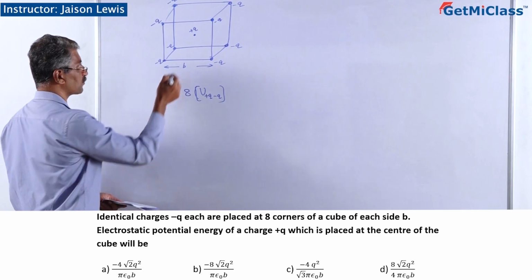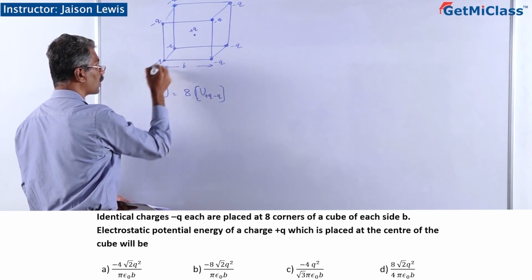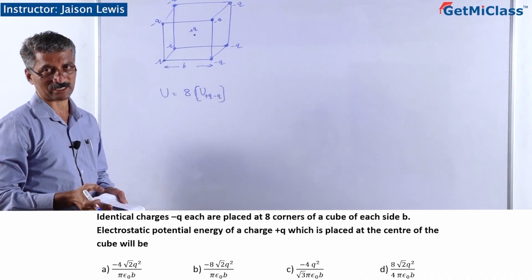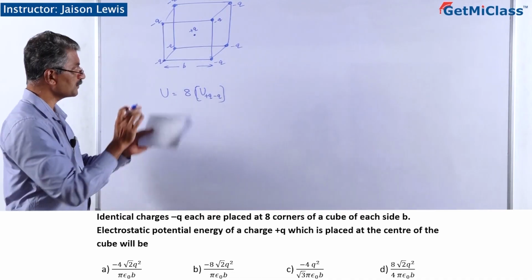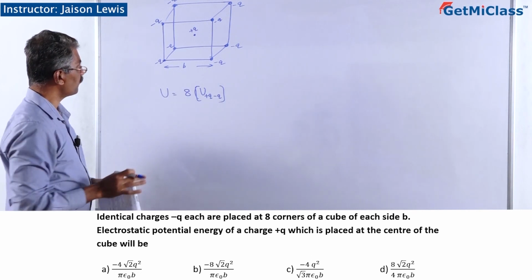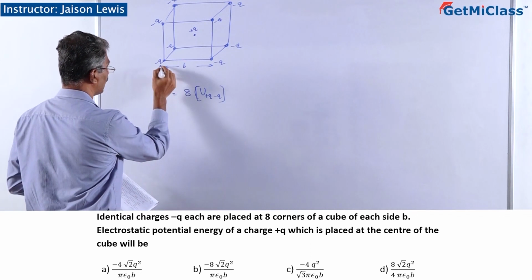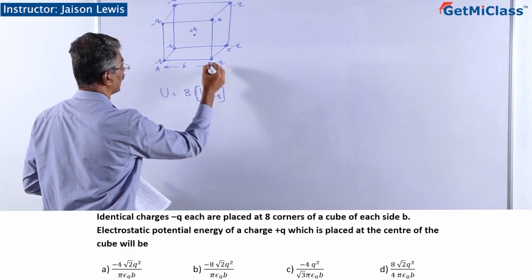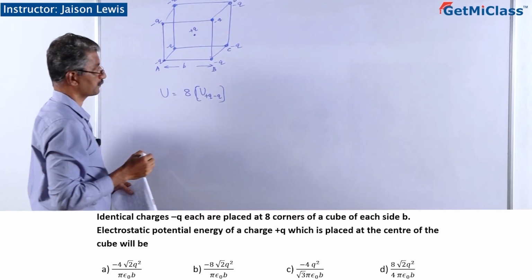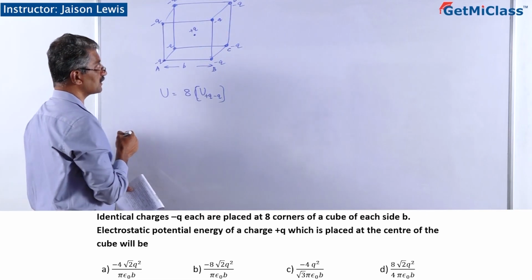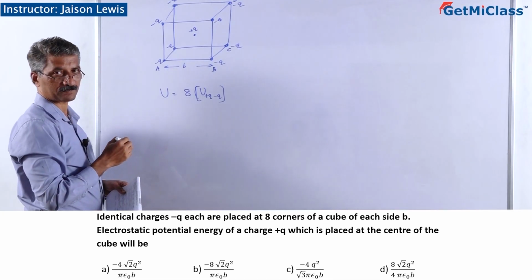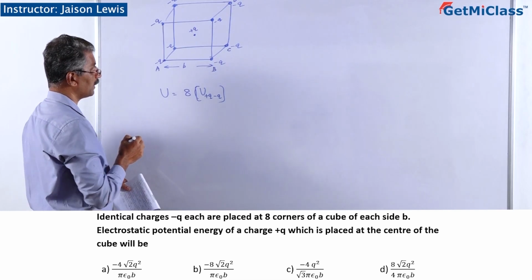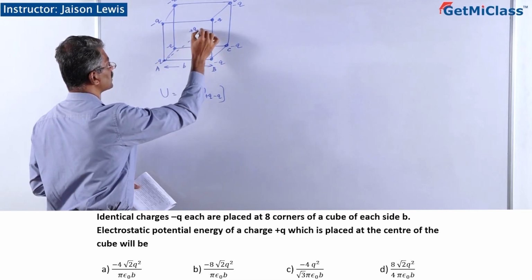But how to find that? We need to find the distance from the center of the cube to one corner. Of course, all the corners are equivalent, all at equal distance from the center. Simple imagination: if you consider the front surface here, I'll name it A, this is B, it is C, and it is D. Therefore, AD is a diagonal between opposite corners.